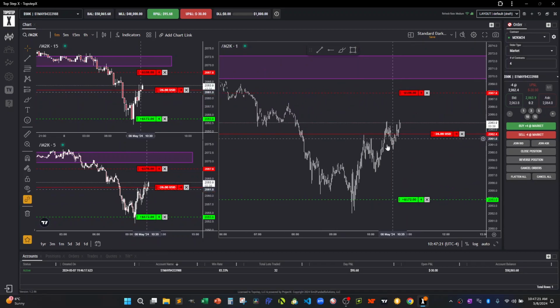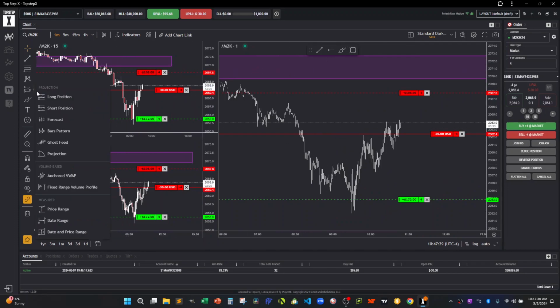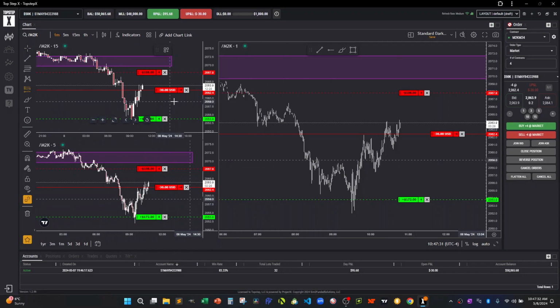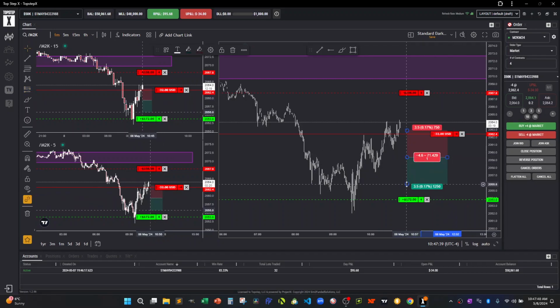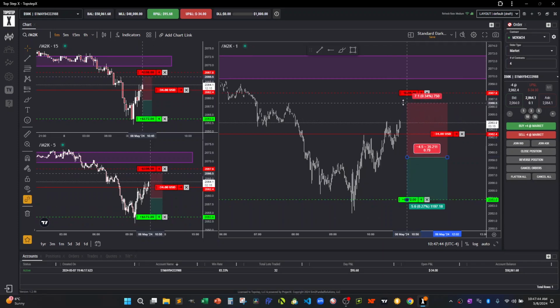So let's say, for example, if we were looking to go short, but we're looking at this trend line here, well, if we were to go and wait for that trend line to completely break and confirm, by the time we get in and we were looking down here for a target, we would actually be getting in way down here, looking for our target here, and having our stop somewhere way up here.